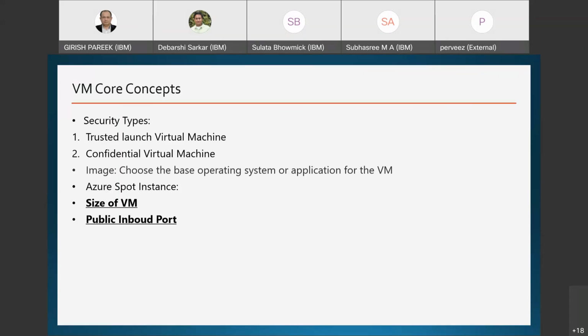But once it is defined, if you are using a deallocate eviction policy, particularly in the Azure Spot instance, you will get the instance back in case Azure sees that the instance is again available and nobody is using it.